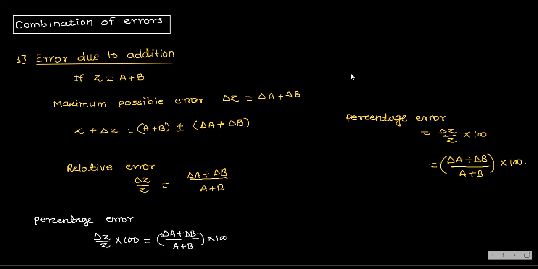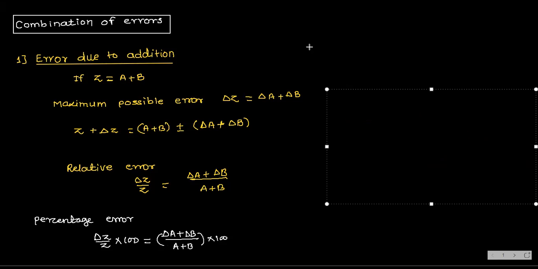I'm writing here. This is your first slide, right? Why I have taken this slide? Because I want to give you one example here so that you will be able to solve problems.